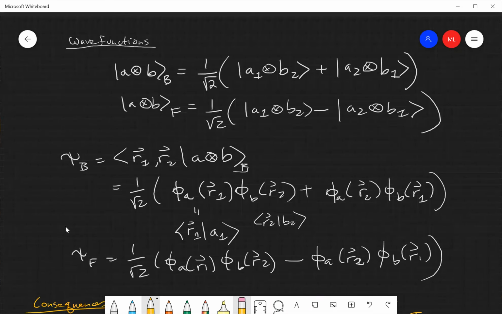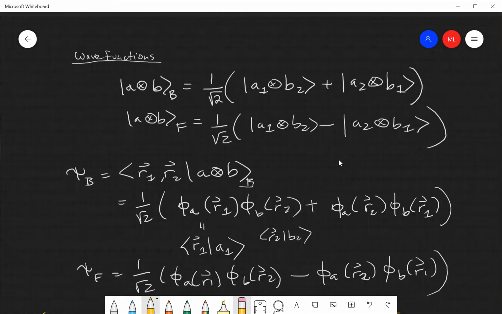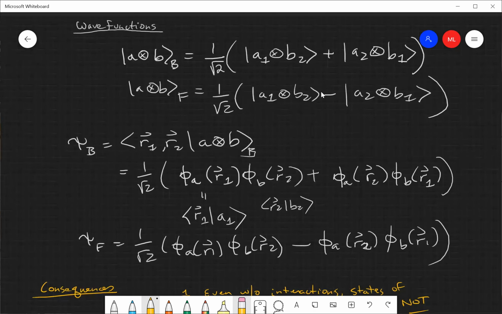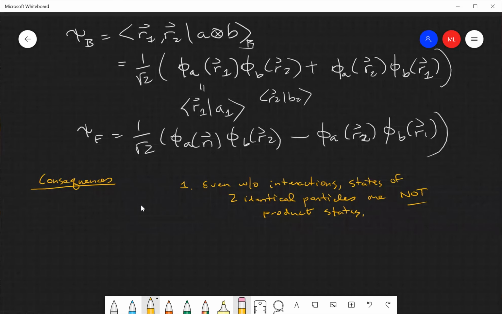You see, because we have to symmetrize or anti-symmetrize, what you get is states that are entangled combinations of particle 1 and 2 being in different states, A and B versus B and A. So as soon as you have identical particles, even two identical particles that are not interacting, their state is going to be some entangled state.